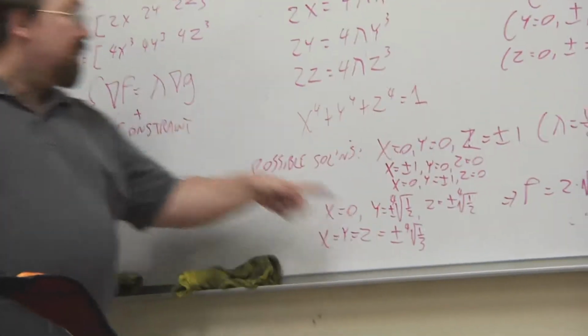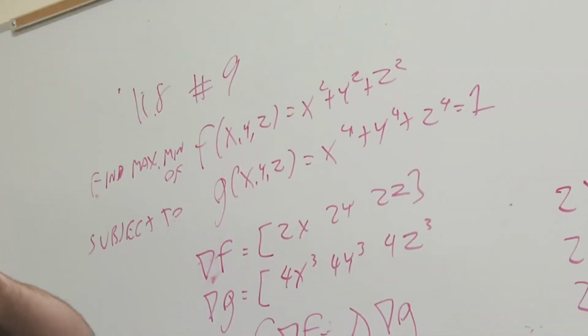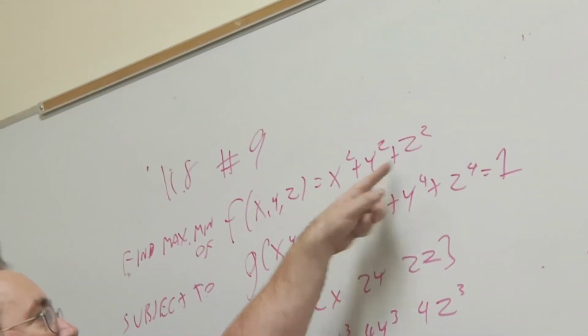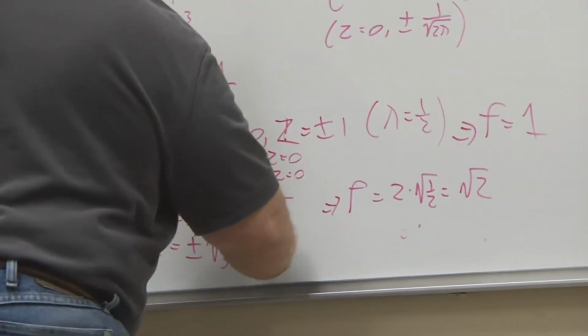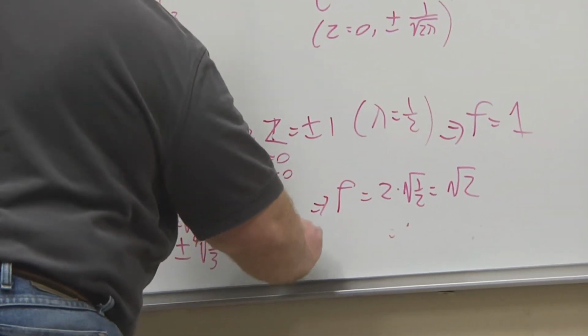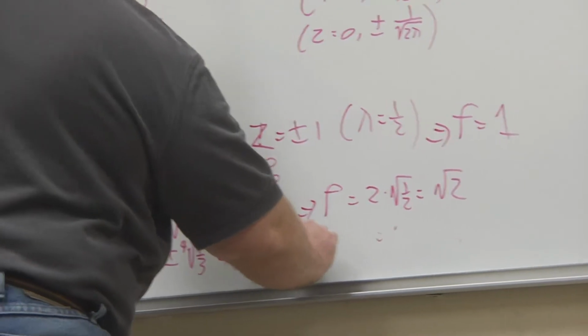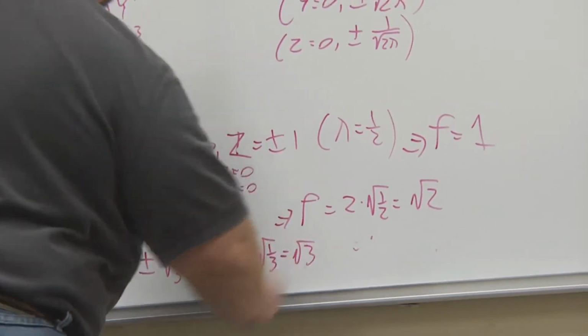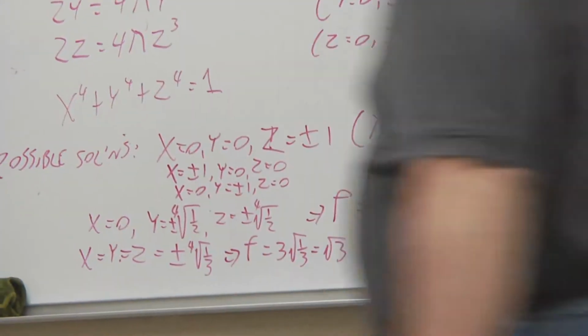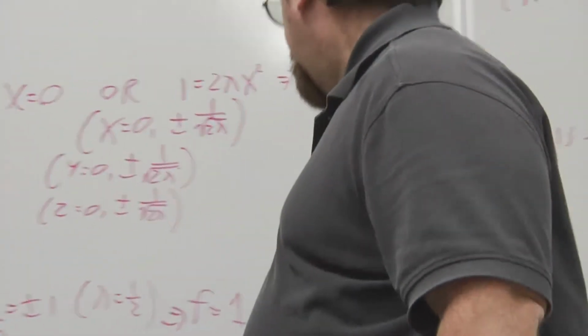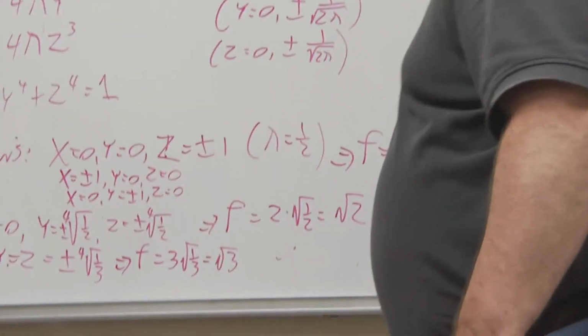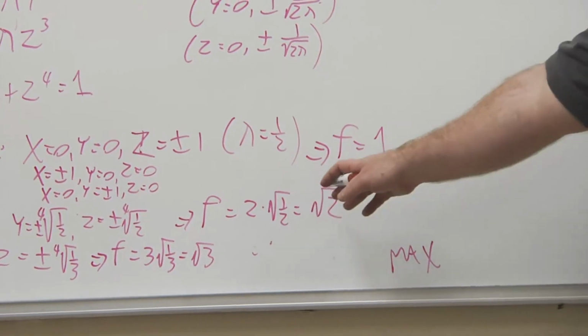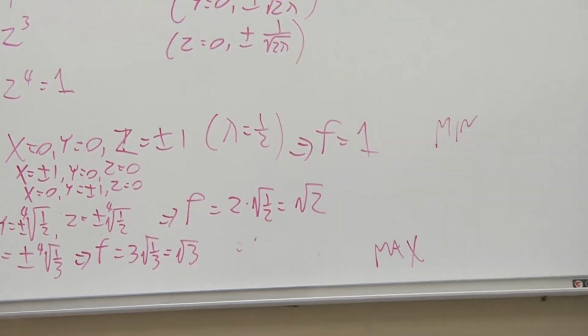So then, if I take these and plug them into f, I'm going to get square root of 1/3 plus square root of 1/3 plus square root of 1/3. So f will be 3 square root of 1/3. So that's the square root of 3. So this is the min. This is the max. That turned out to be the one in the middle. That's not anything.